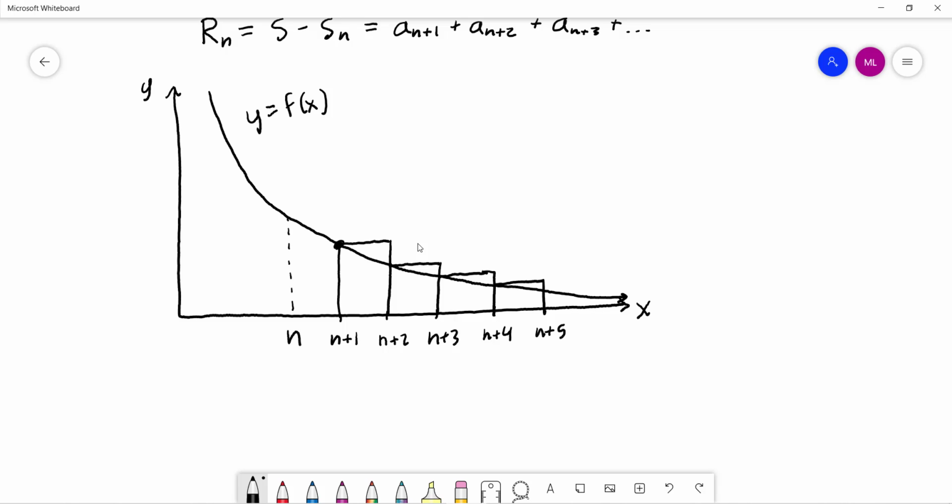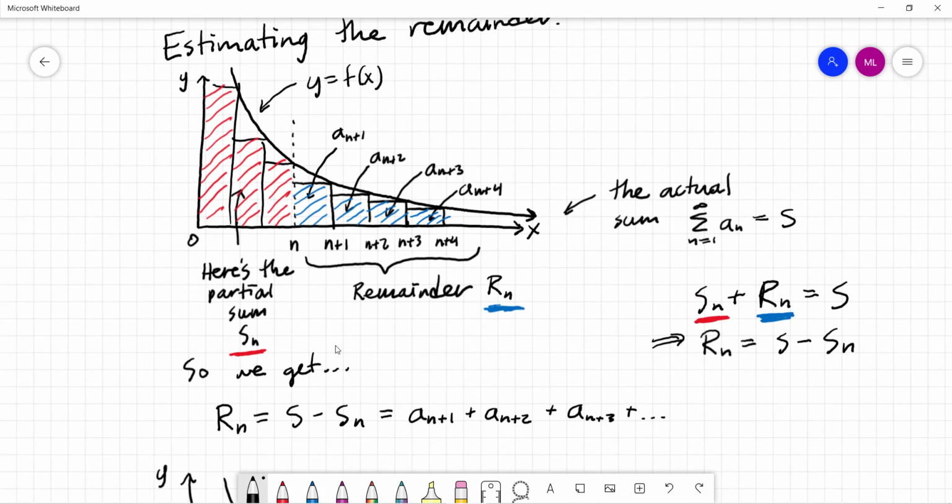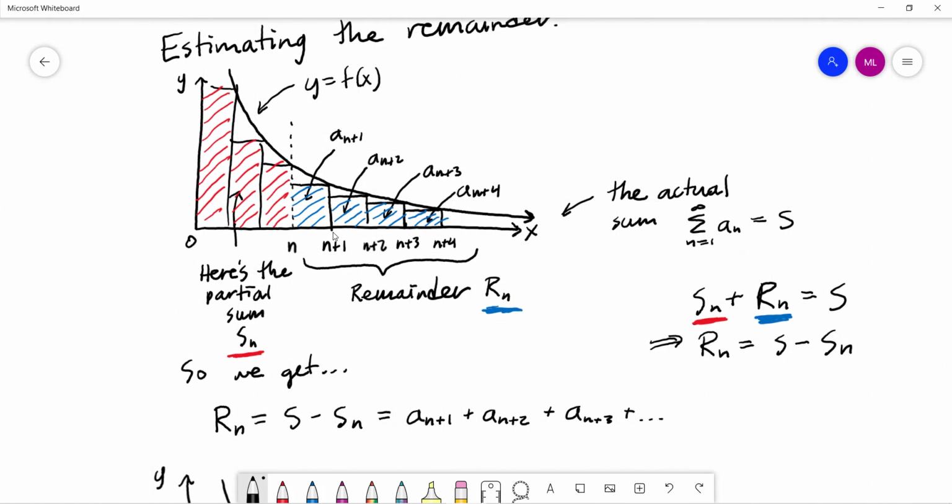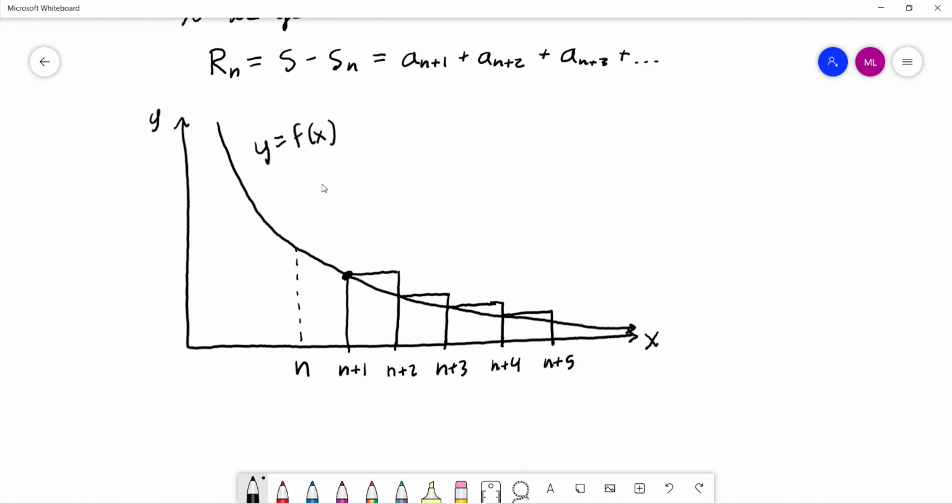This height of the curve is still the height at n plus 1. That matches the height right here at n plus 1. So this height of this point right here, there's our height at n plus 1. This is still that same point. This is the height at n plus 1.